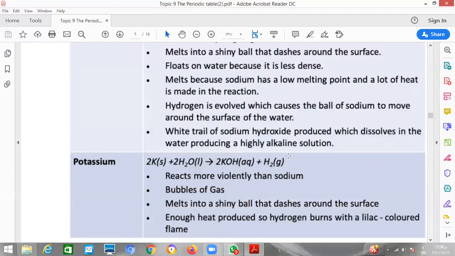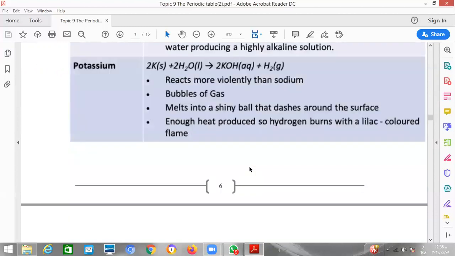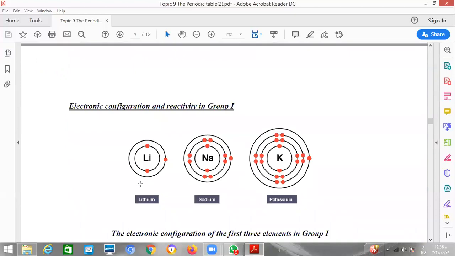Lithium, sodium and potassium each have 1 electron in the outermost shell, so these elements have the same chemical properties.